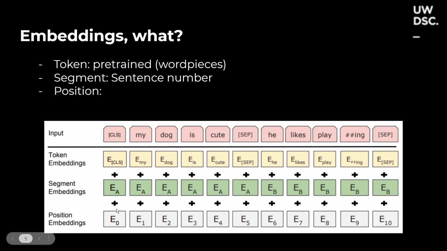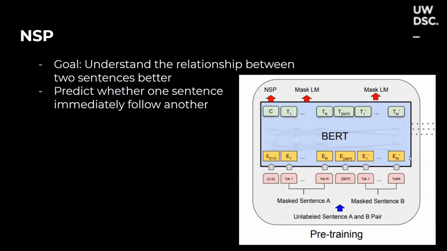The embedding of the first token would always be in the same spot. You train it and use it for another sentence. And each position in the sentence would have a separate embedding. And then we add all three of these together to generate this input that we use in the BERT model.